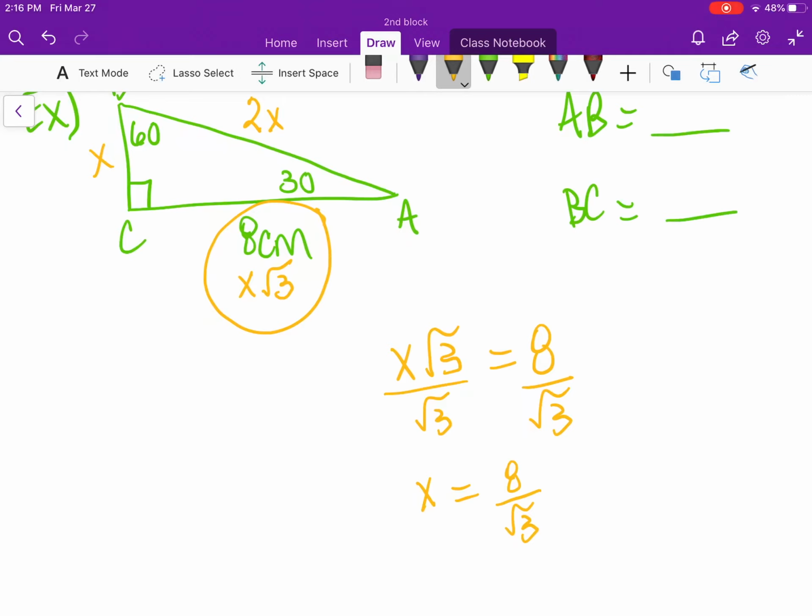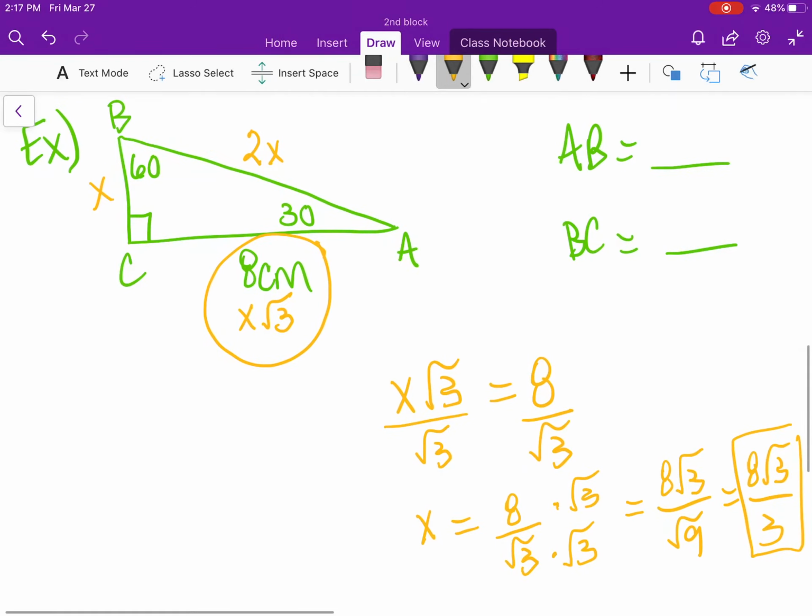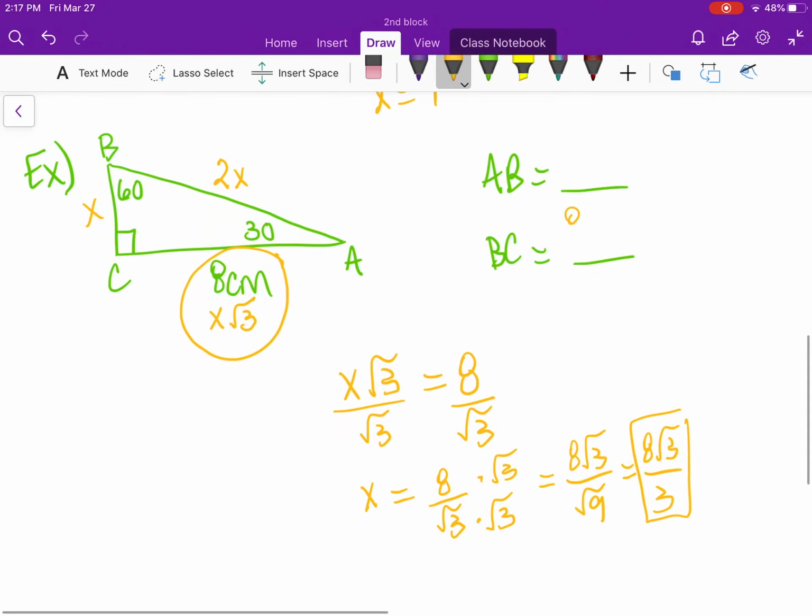Now, once again, if it tells us to write our answer as a radical, we can't have a radical on the bottom. So I'm going to multiply that by itself so that I end up with 8 radical 3 over radical 9, and the square root of 9 is 3. So that's my answer for x, which is side BC.